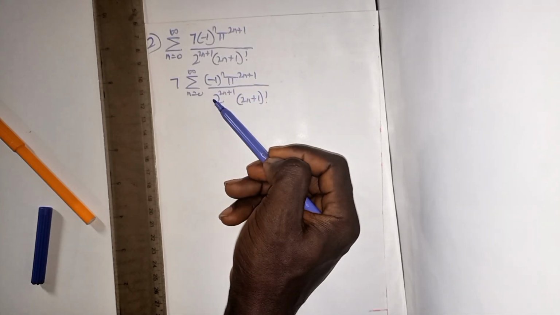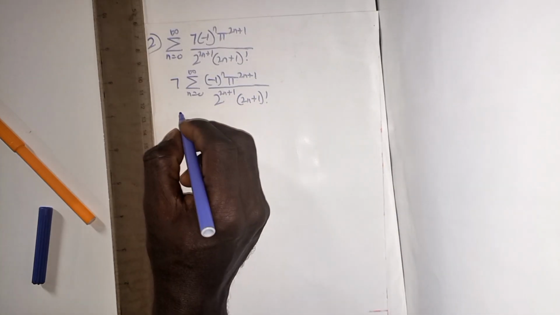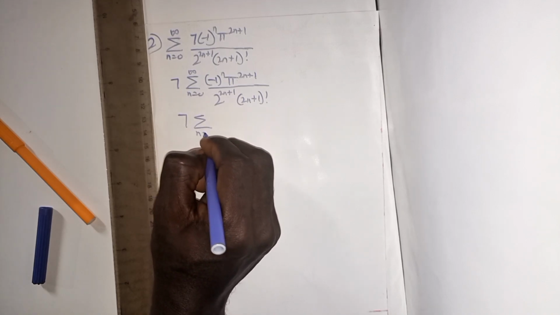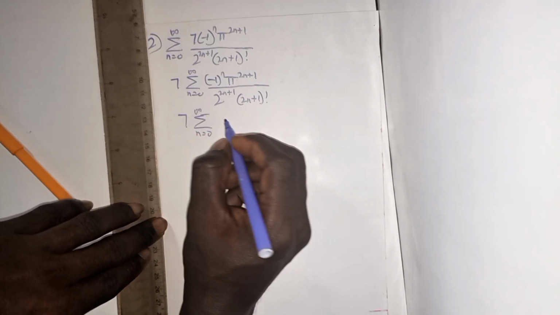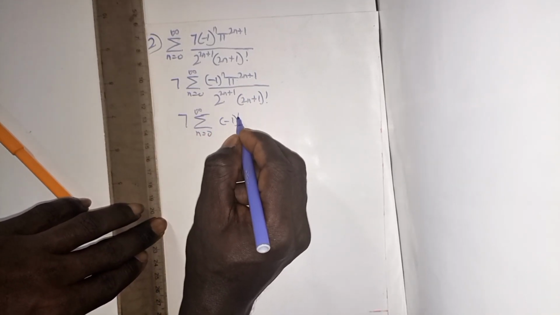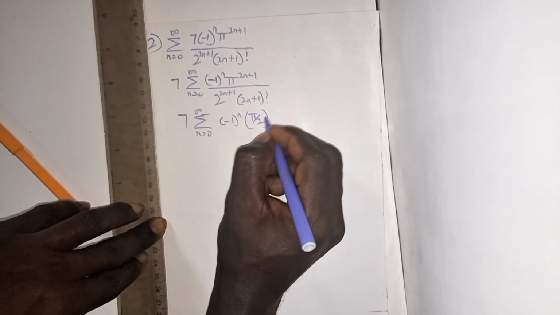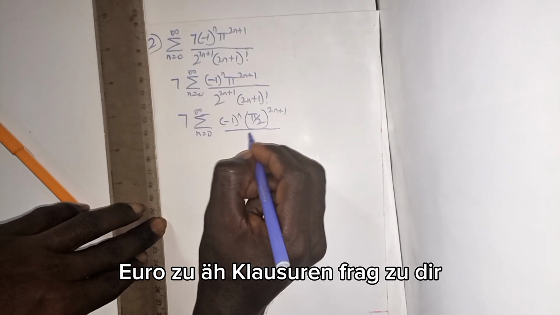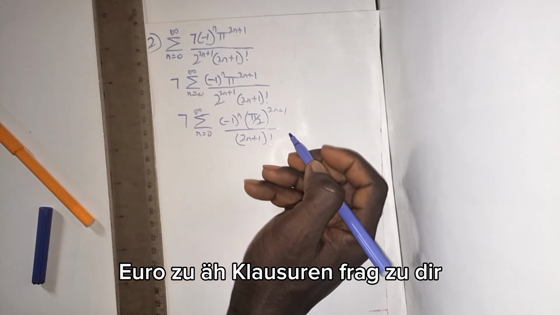This pi and this 2 have the same power, so let's do some work on that and give it something like this: pi over 2, all raised to 2n plus 1, all over 2n plus 1 factorial.